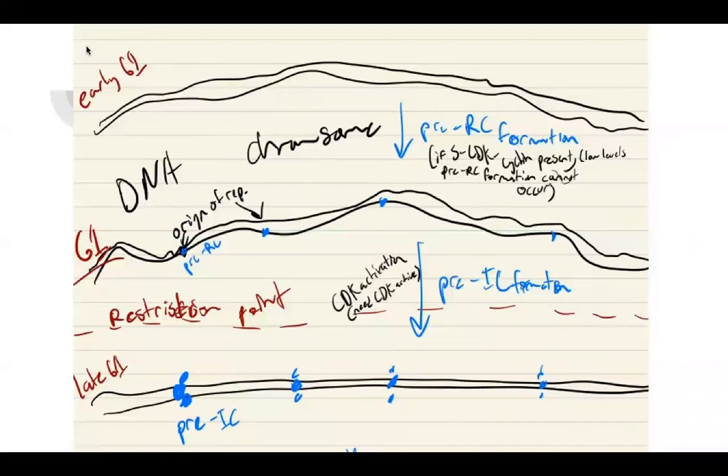But basically, early G1. In early G1, at the very beginning, you have no pre-RCs, right? So this is a DNA strand right here. That's a chromosome. And along the chromosome, at these origins of replication, you'll have pre-RCs begin to form.